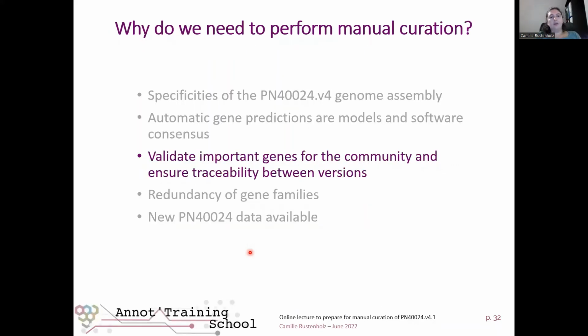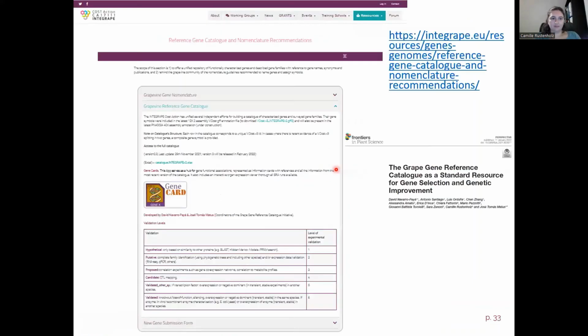So the third reason to perform manual curation is that we need to double check and validate genes that are important for the grapevine community, for which we already have expertise and functional information. It's also important to ensure traceability between the versions that we have in hand. So I'm going to introduce you to the great work that the group of Thomas Matheus performed last year.